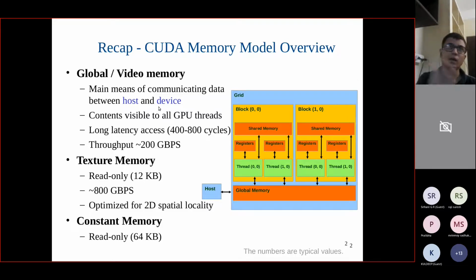Whatever we did, like cudaMalloc and cudaMemcpy, to allocate and copy the data across CPU and GPU, was happening across something called the PCI Express bus, and the data was getting moved to and from this global memory. So everything that the host wants to send to the GPU will be placed in this global memory and will be taken from this global memory.